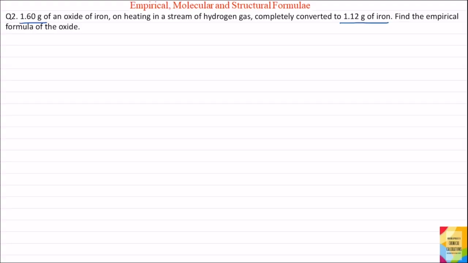Therefore, weight of oxygen will be equal to weight of the oxide, that is 1.60 gram, minus weight of iron, that is 1.12 gram, and this is equal to 0.48 gram. Now we know the weight of iron and weight of oxygen.